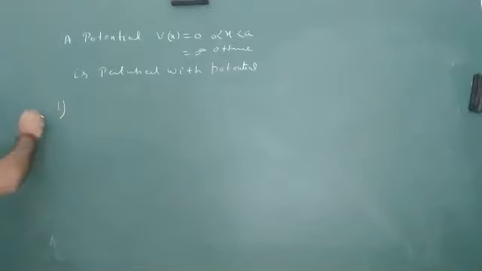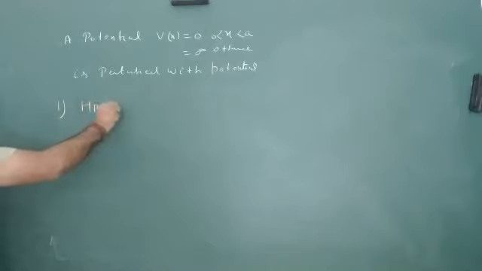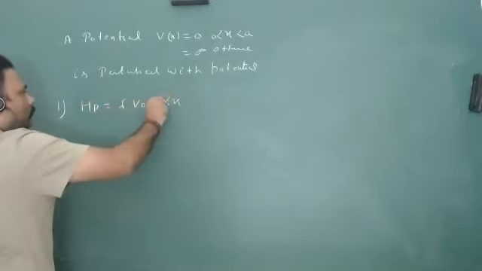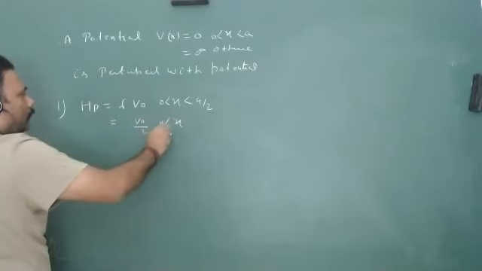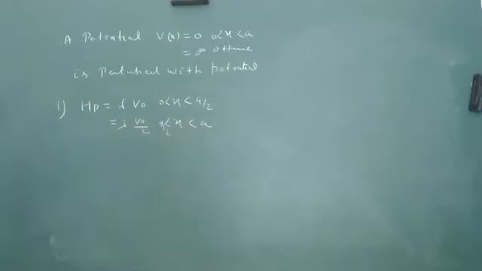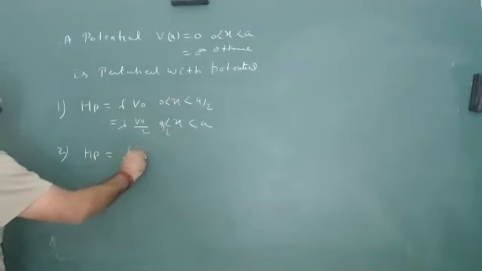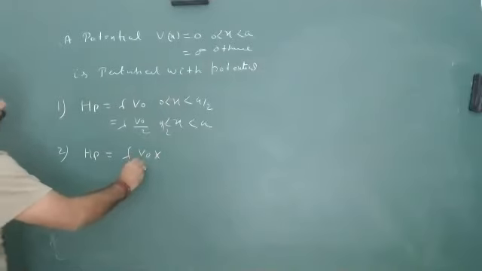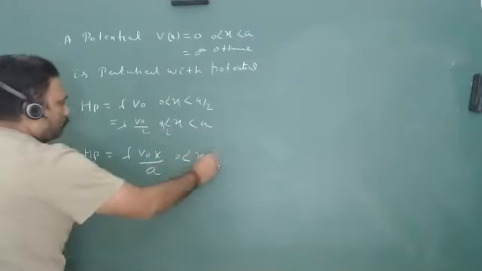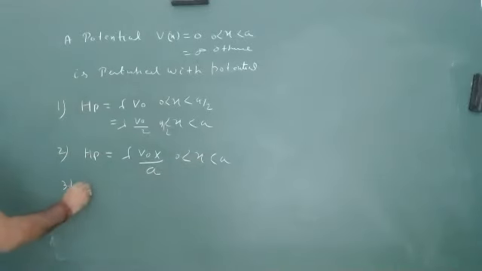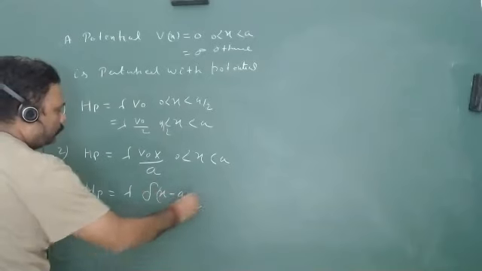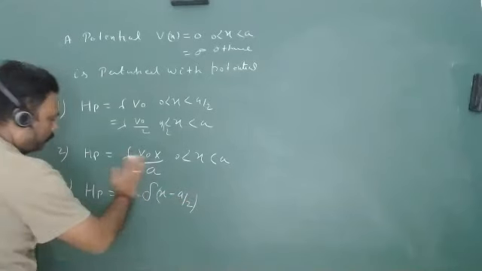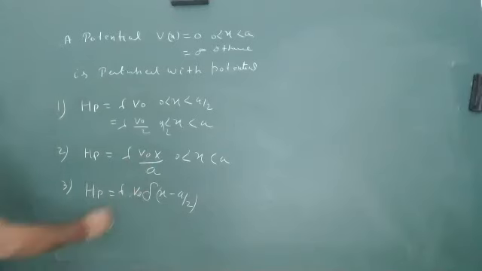The first perturbation is HP equal to lambda V naught, where X is between 0 to A by 2, and V naught by 2 for A by 2 to A. Second, HP is equal to lambda V naught X upon A, where X is between 0 to A. Third, HP is equal to lambda delta of X minus A by 2, with V naught and lambda into A also there.